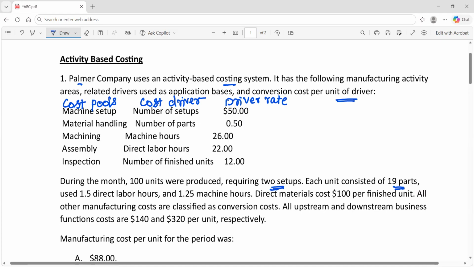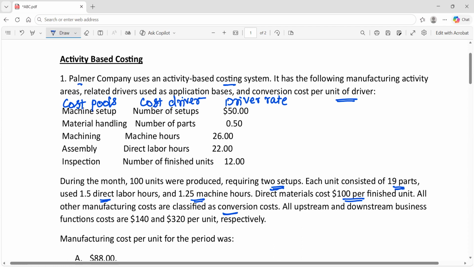And each unit used 1.5 direct labor hours and each unit used 1.25 machine hours for production. Direct material cost is $100 per finished unit. That is, for every one unit produced, we have spent $100 on direct material. All other manufacturing costs are classified as conversion cost.